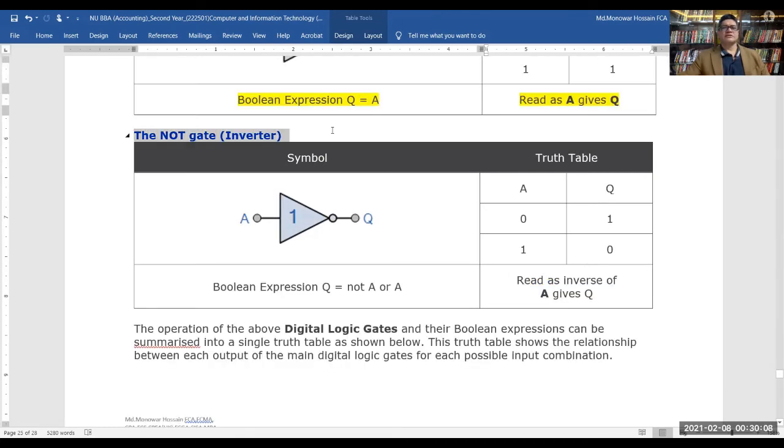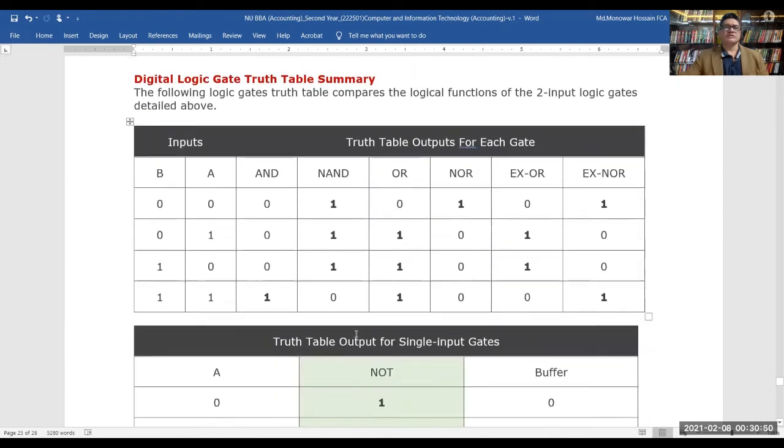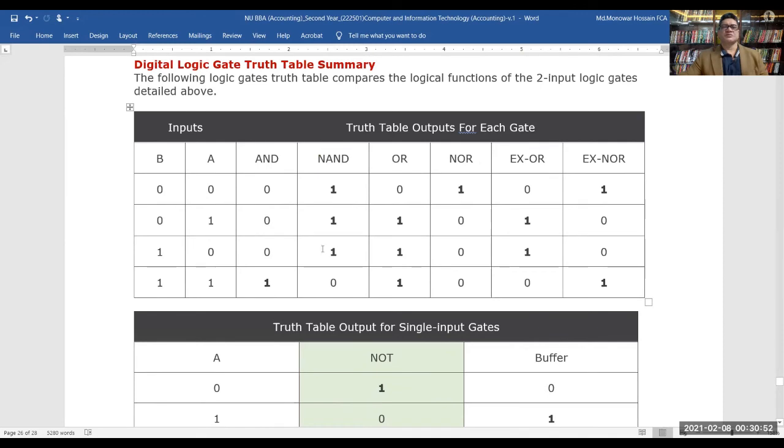The NOT gate inverter, Boolean expression Q equal to not A, read as A gives not Q. The operation of the above logic gates and their Boolean expressions can be summarized into a single truth table as below. Look here, this is a summarization of the inputs, truth table, and output of each gate.